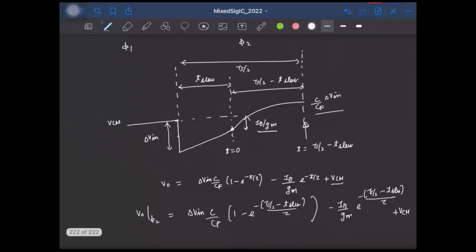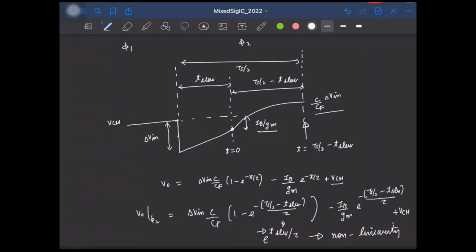So this time for which slewing happens, T slew, is obviously a function of the input itself. And since T slew is a function of the input, here we see that we have T slew appearing with an exponential relation. So we'll have an error voltage that is proportional to e power T slew by tau. And since T slew is a function of the input, this will in turn result in nonlinearity. Okay.